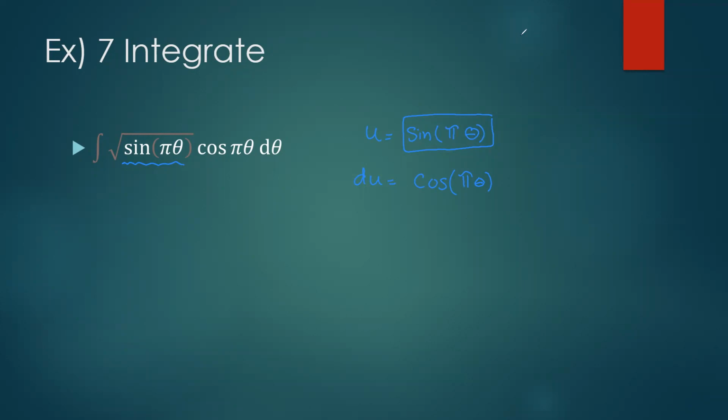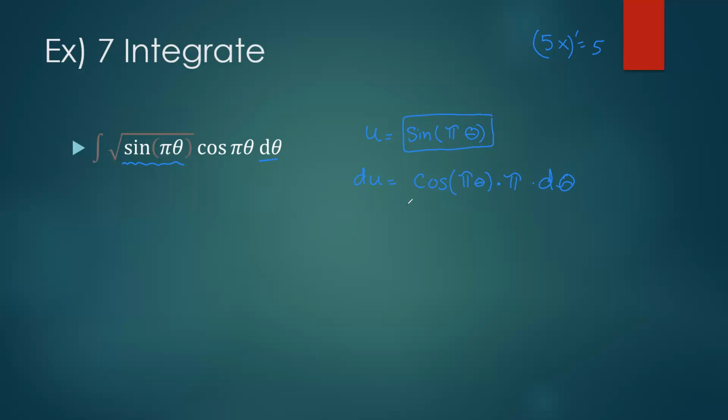Pi is a constant and theta is the variable, so it's no different than, say, 5x. What's the derivative of 5x? 5. So it's the same situation for pi theta. The derivative of pi theta is just going to be pi. And then don't forget to add, in our case, d theta, because we're in terms of theta.